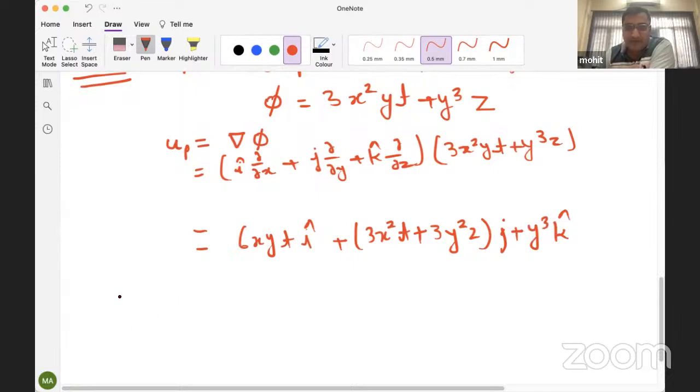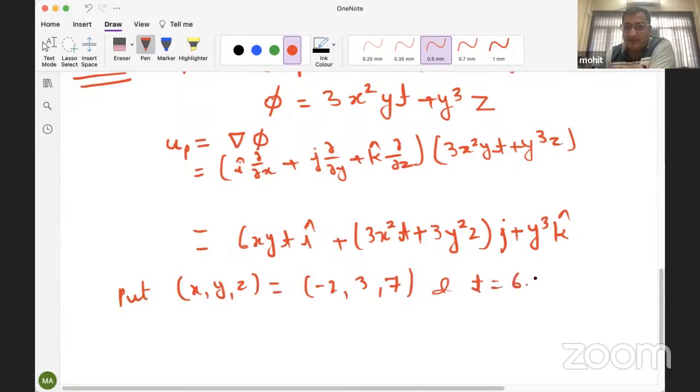And in this you can put x, y, z equal to -2, 3 and 7, and time is 6 seconds. Then you will get the modulus of u_p, the magnitude of u_p, that will be almost equal to 340 units.